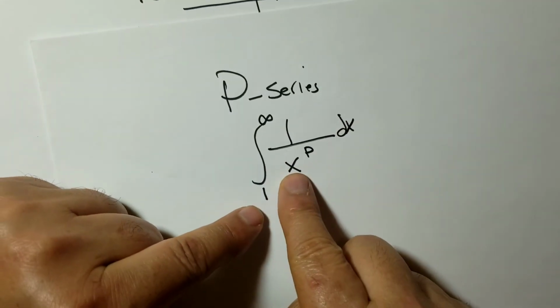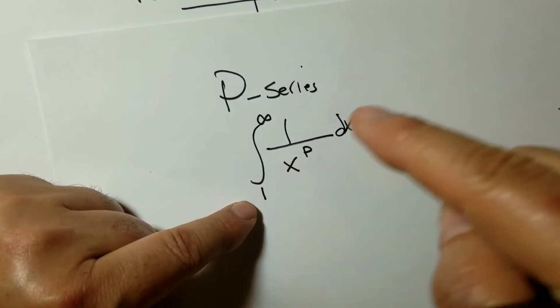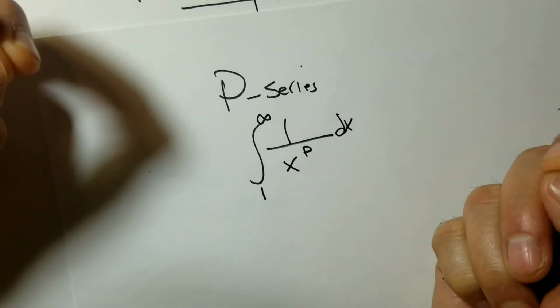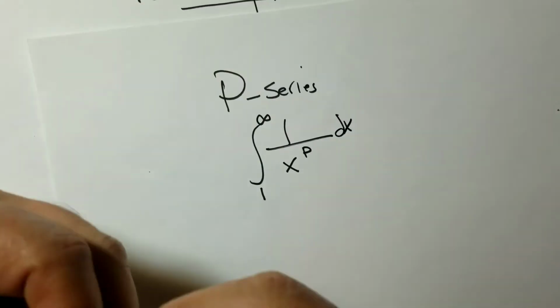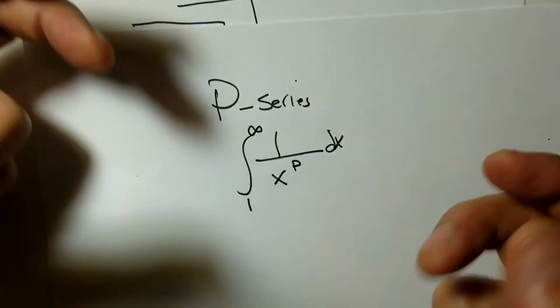You cannot put 0 because 0 is not part of the domain, but you can put 1/3 or 1/2, it doesn't matter. I'm looking for convergence or divergence. I don't care if it converges to 3 or 5 or 100. All I need is the word converges or diverges.